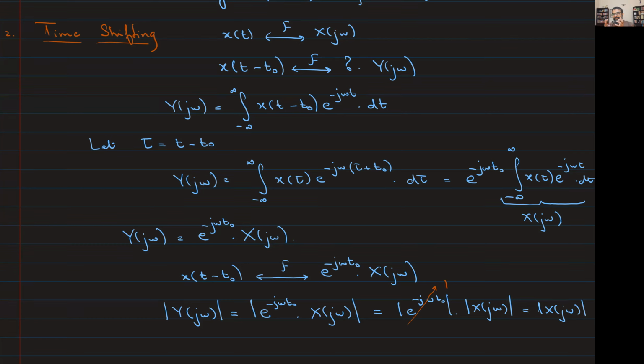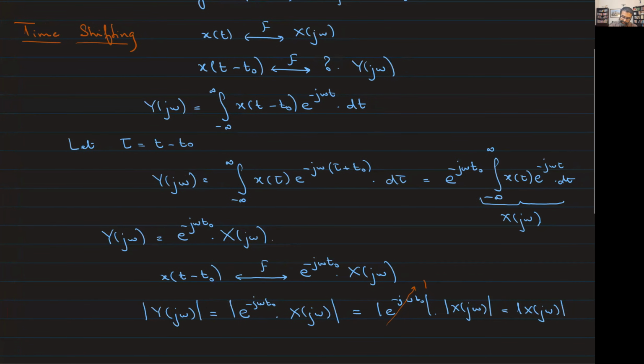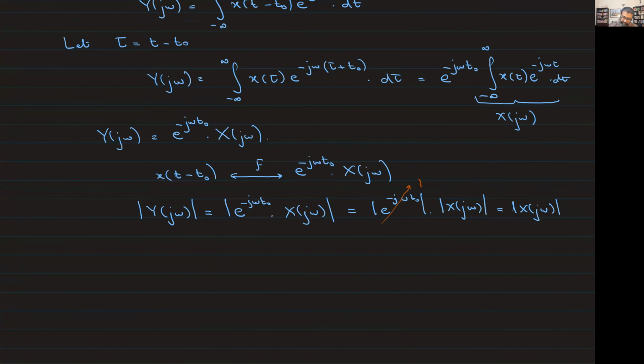It's the phase that's actually changed, right? The phase of the complex signal y and the phase of the complex signal x are related by, how are they related therefore? If I say the phase of Y of j omega, how is that related to the phase of x?